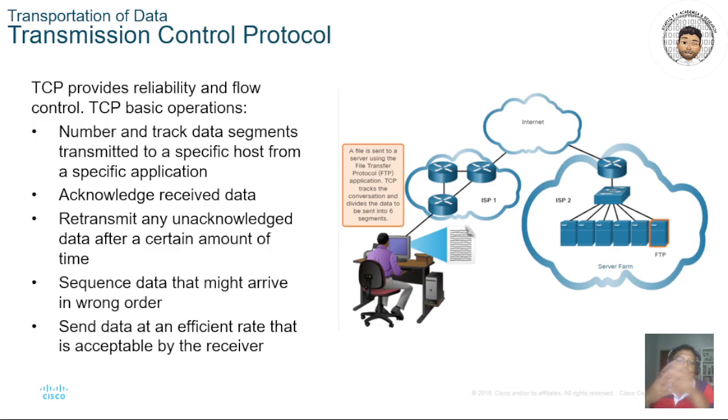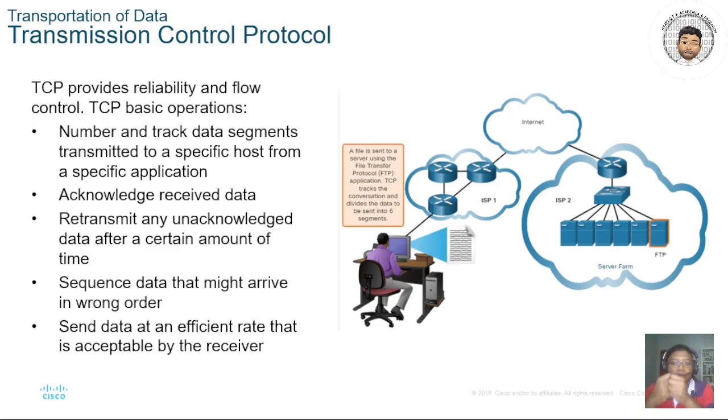So when a destination has received the data, it will send a response known as an acknowledgement. They acknowledge they have received the data. In case they did not receive the data, the sender will retransmit any unacknowledged data after a certain amount of time.